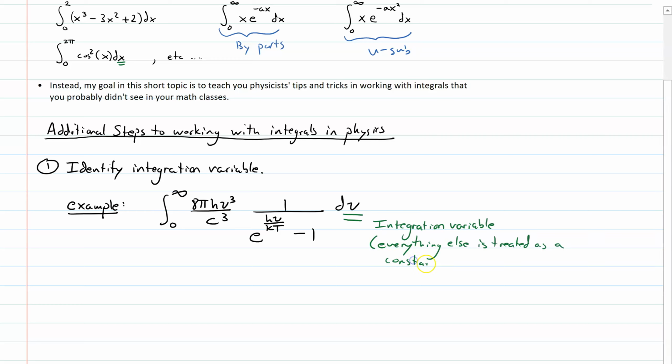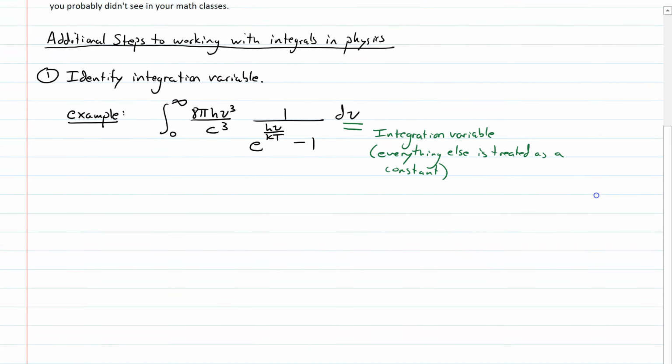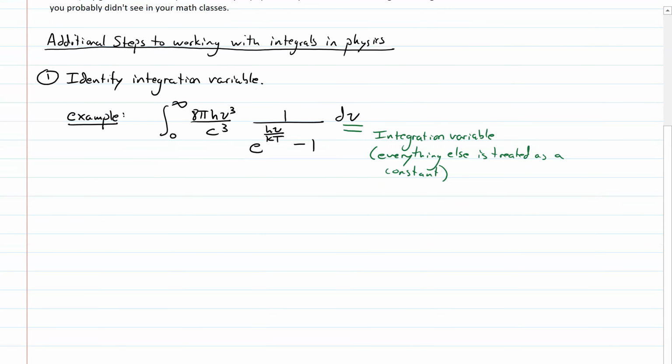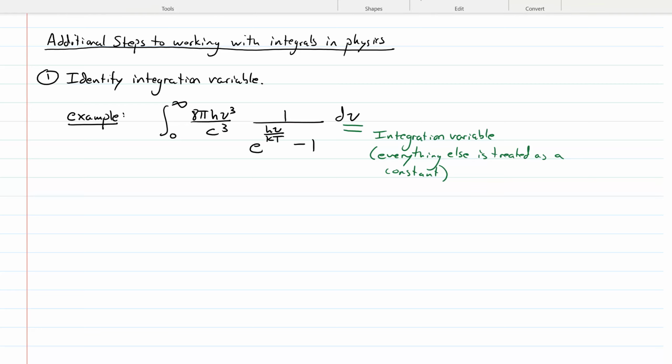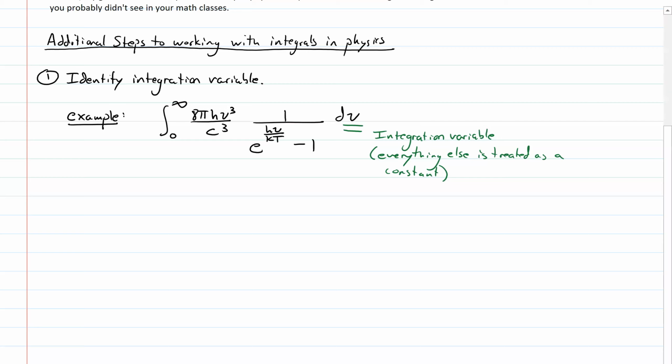And so all constants can be brought outside of the integral, right? It's obvious if it's numbers, but here it's not numbers, it's other variables. So what can I bring outside? 8 pi I can obviously bring outside. h I can bring outside. c cubed I can bring outside.